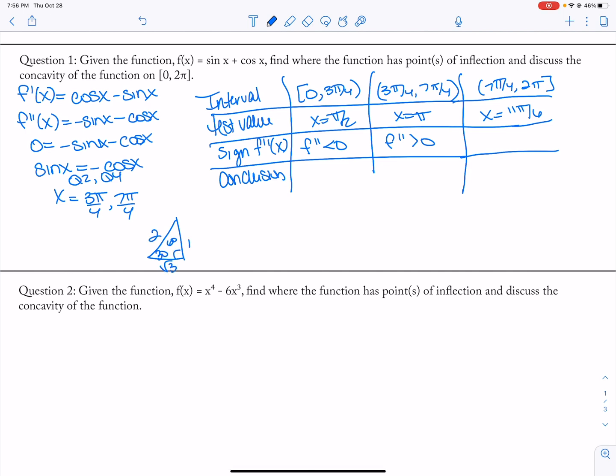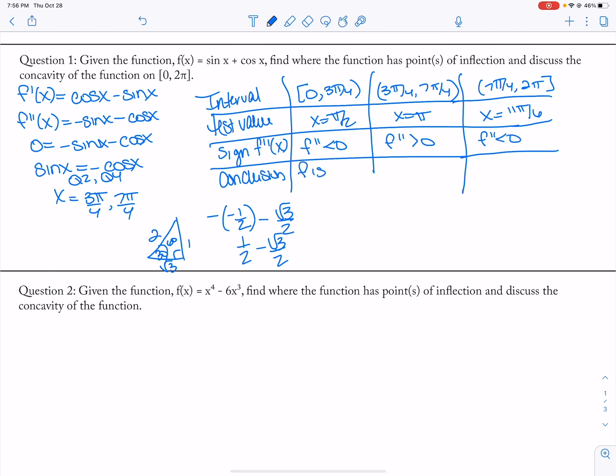So then 11 pi over 6 is the 30-degree angle. And I want sine of it, so that is 1/2. So that makes it a negative of negative 1/2. And then cosine of 11 pi over 6 would be root 3 over 2, and that's going to stay negative. So then this is 1/2 minus root 3 over 2. So then I get a negative.